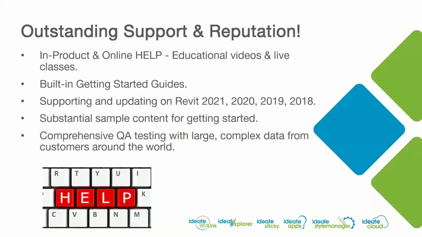So, we're really well known for our amazing products, but also our support. We have both in-product help as well as online help. We have getting started guides in all of our solutions, and this holds true for the IdeateApps tools as well. As I mentioned, we're updating and supporting the last 4 releases of Revit, so that's 2018 through Revit 2021.